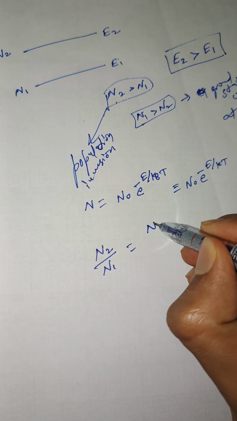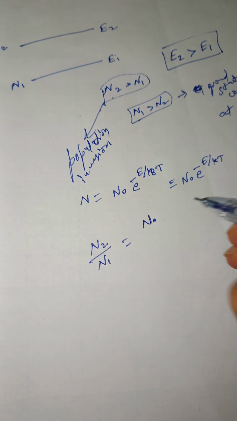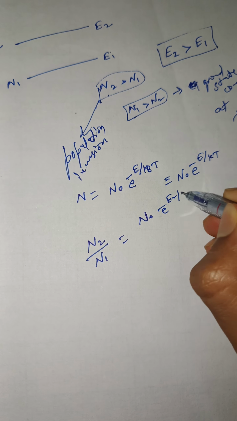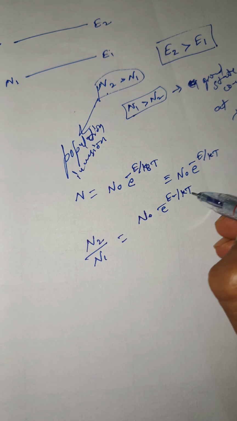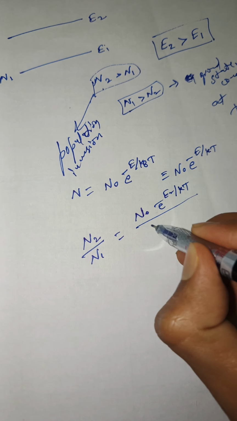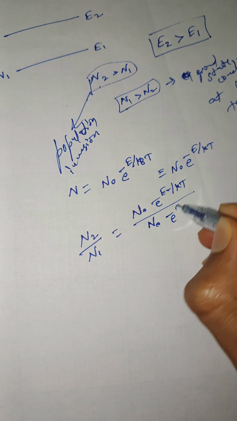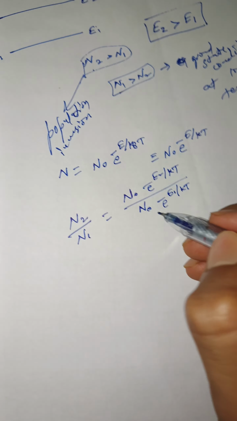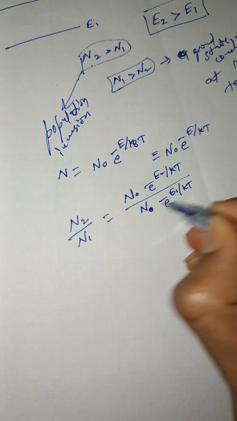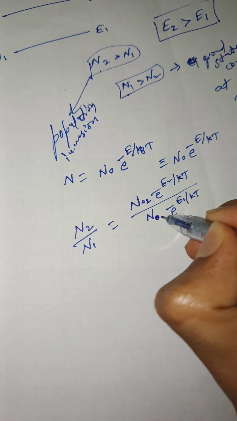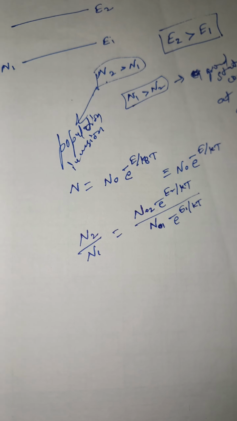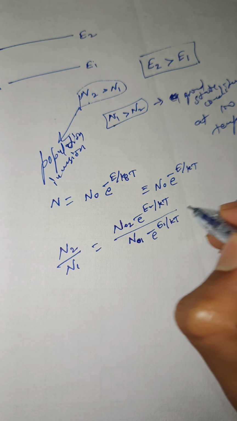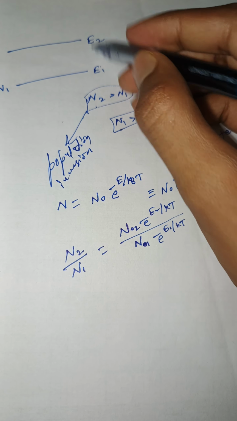So you can call it N02 and N01, and we suppose that the temperature is the same initially for these two levels.